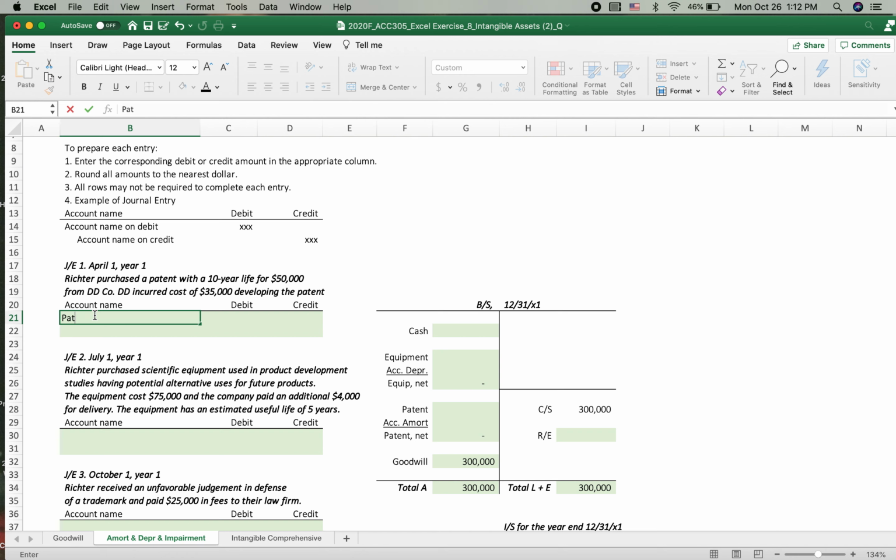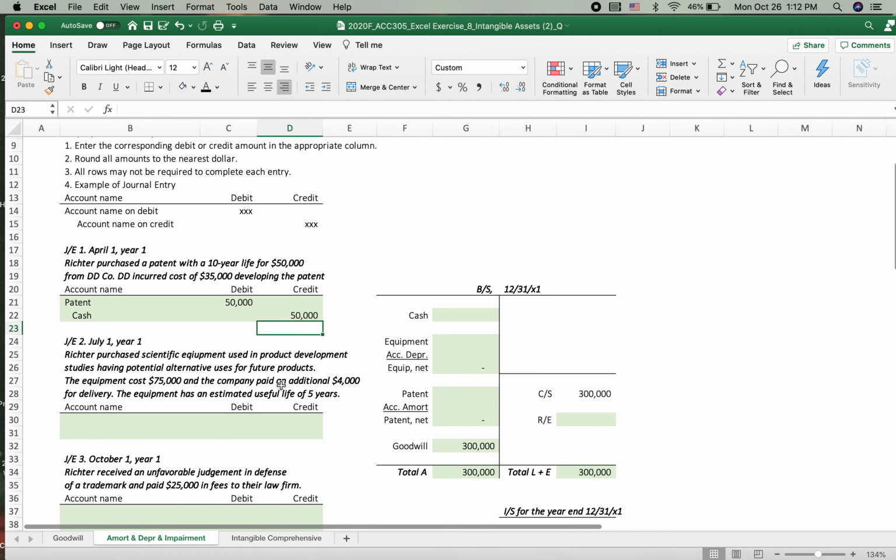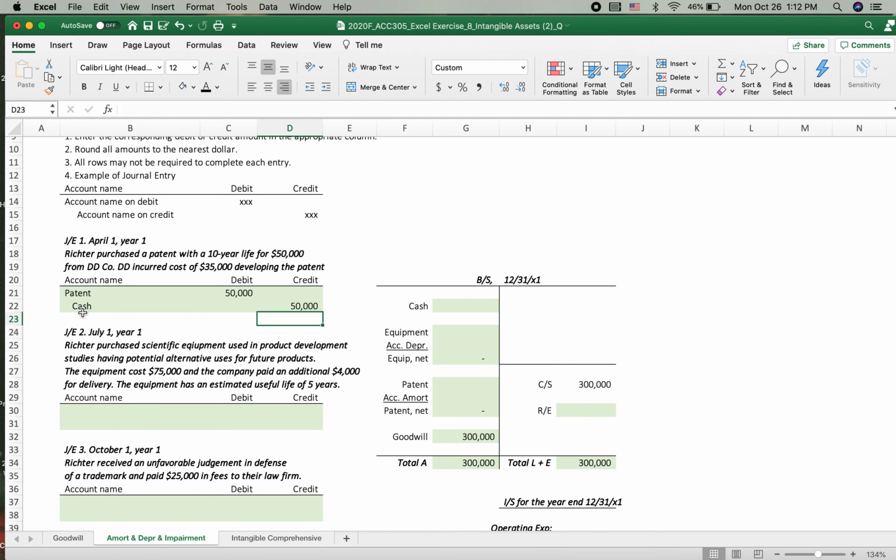So we put the patent purchased at $50,000, right? And then how much did they pay? Cash paid on the credit, right? The same $50,000. Now let's record the patent and cash here. Patent 50 and cash out 50.